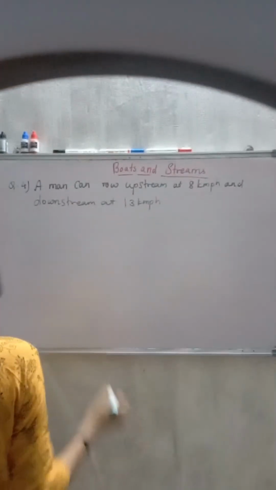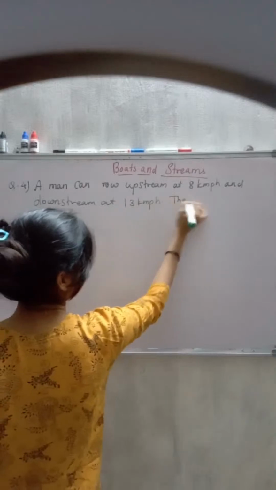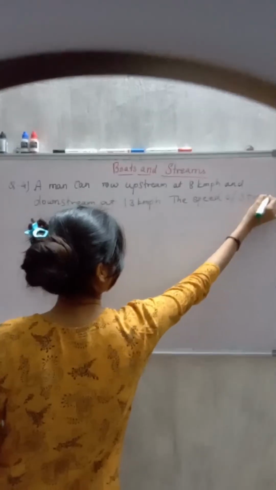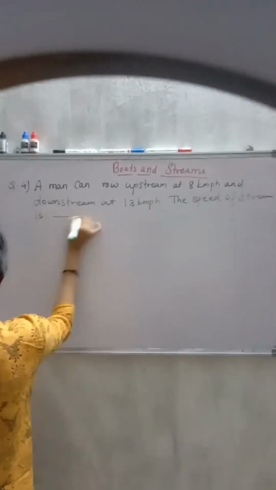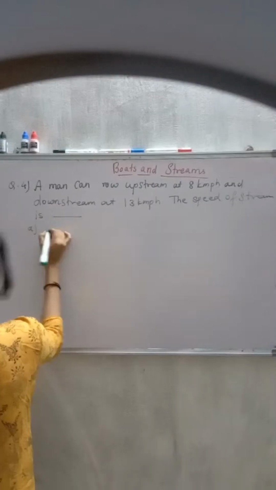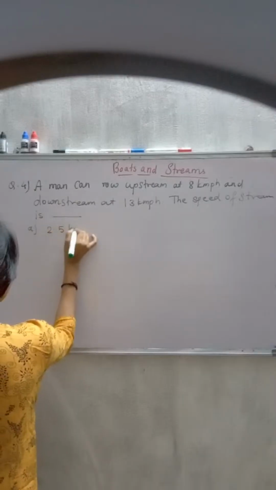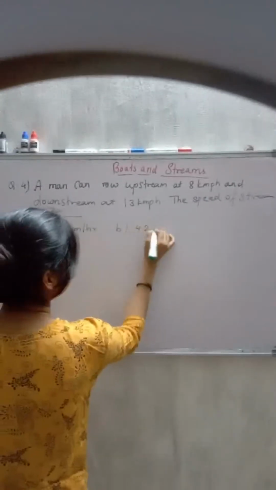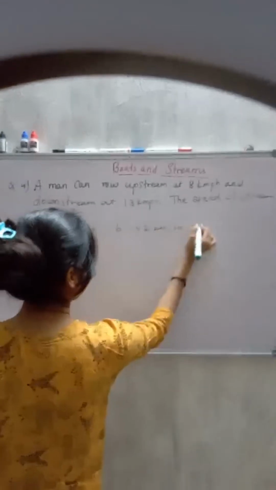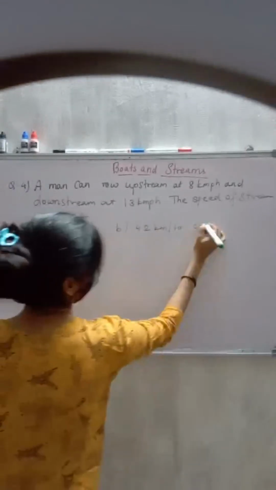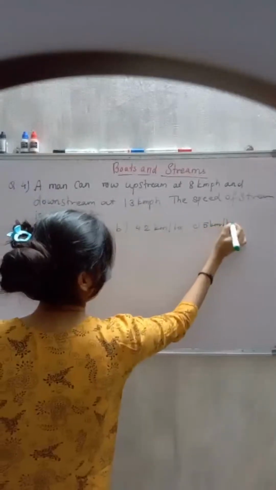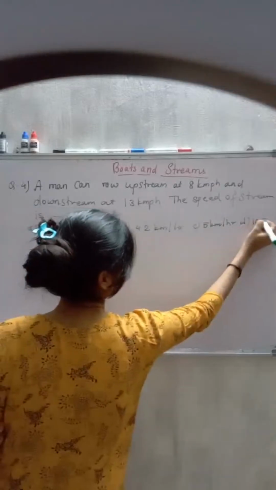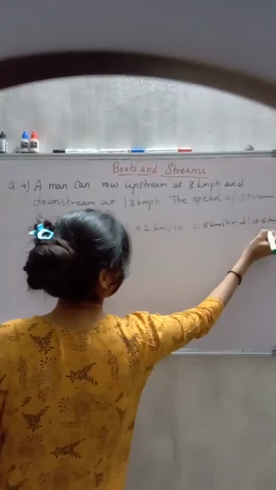The speed of stream is, and the options are A 2.5 kilometer per hour, B 4.2 kilometer per hour, C 5 kilometer per hour, or D 10.5 kilometer per hour.